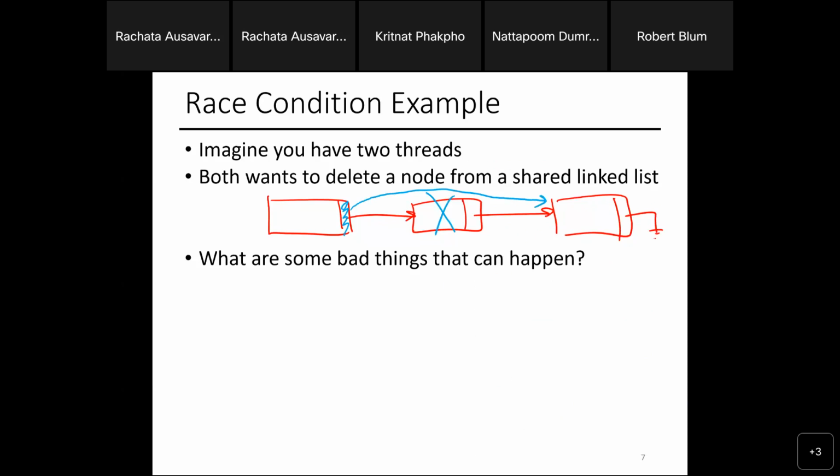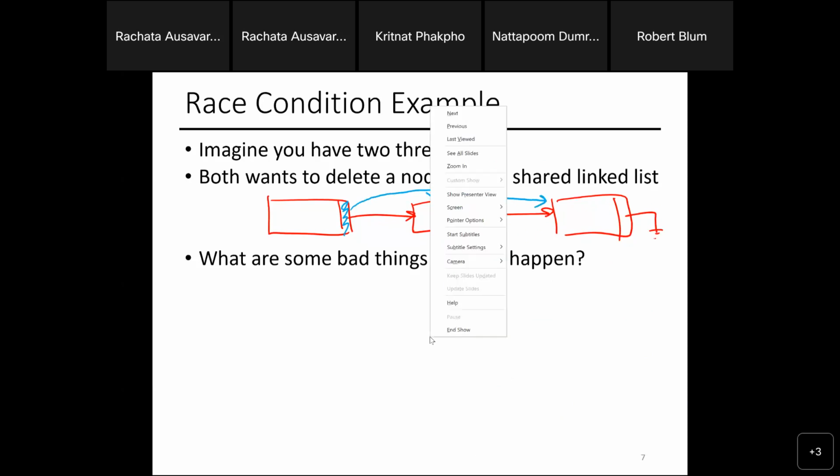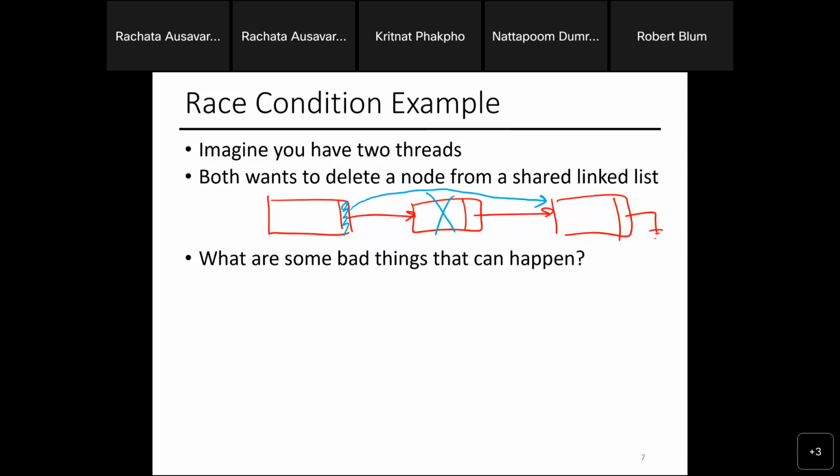I am about to free this guy. Thread 2 comes in, green color, somehow gets a context switch at this part. But thread 2's code says, I want to access this guy. Can I? No, because I read this. Where's the next one? Here. Okay, bye.